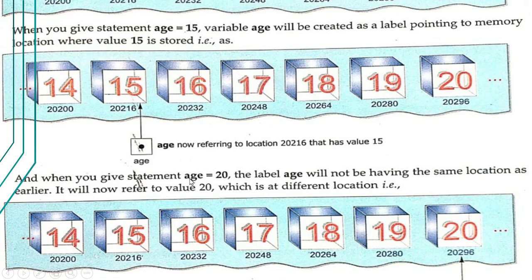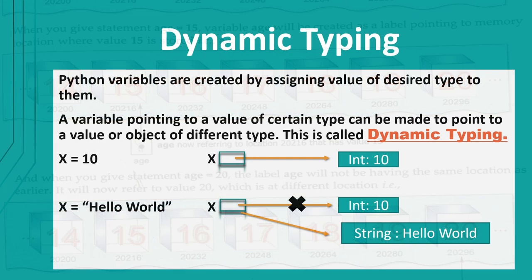Now when we change the value of age from 15 to 20, age becomes the symbolic link for 20, and this 20 is stored somewhere else in memory. So in Python, when we change the value of a variable, the memory address also changes. But this is not the case with C++ and Java.